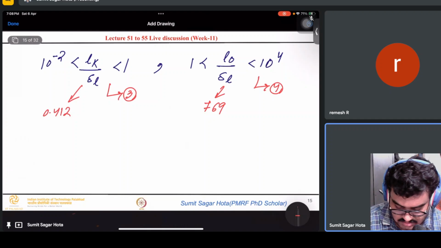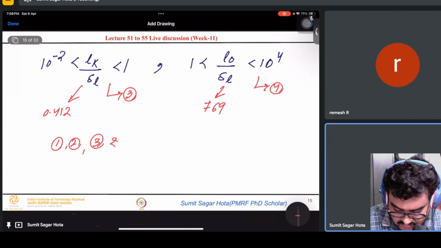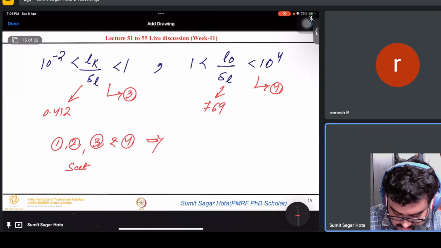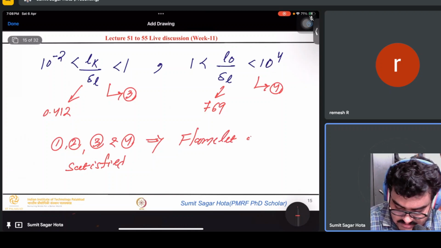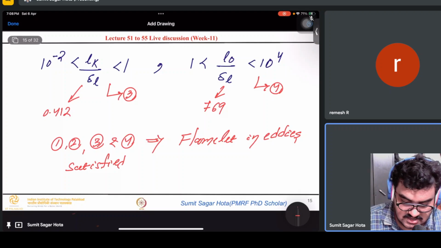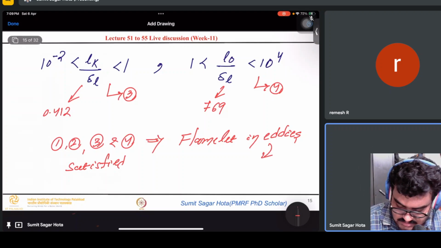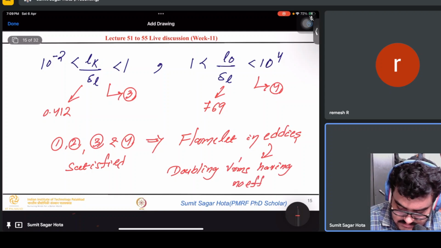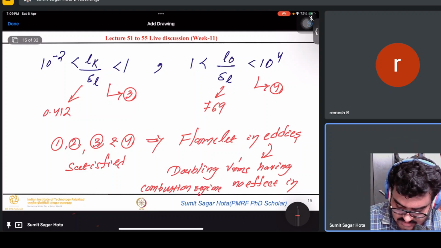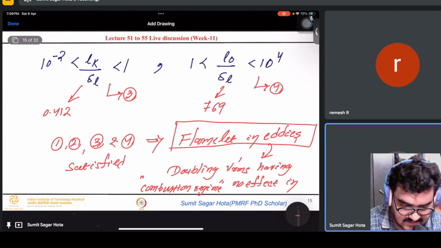So if you see 1, 2, 3, 4 conditions are satisfied, so it is a flamelet. This can be asked as a 1 mark question.